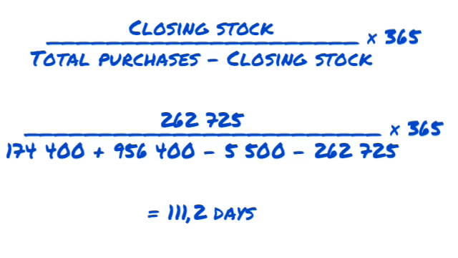The most important thing is that after you get your answer of 111.2, you put days next to it to show that you are dealing with a number of days, because with indicators, some of them have times, some of them have percentages, and some of them even have decimals. So we need to know what you were calculating. You were calculating the number of days, so make sure that you put that days at the end of your final answer.